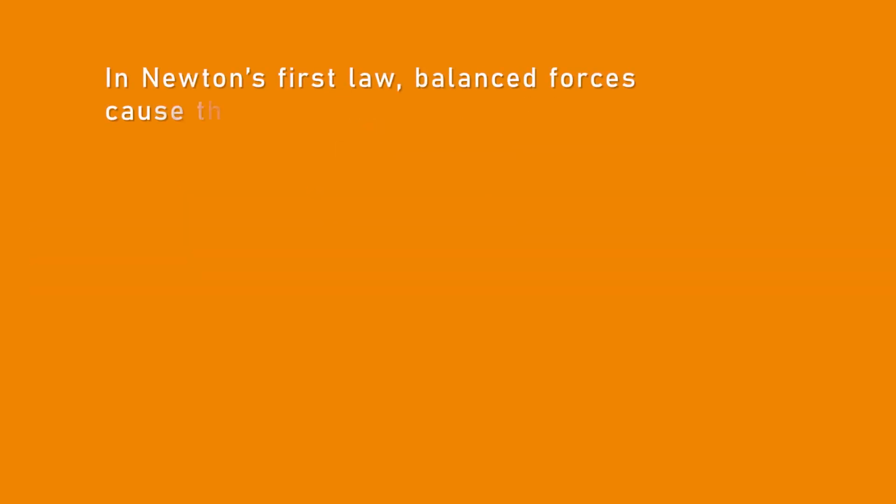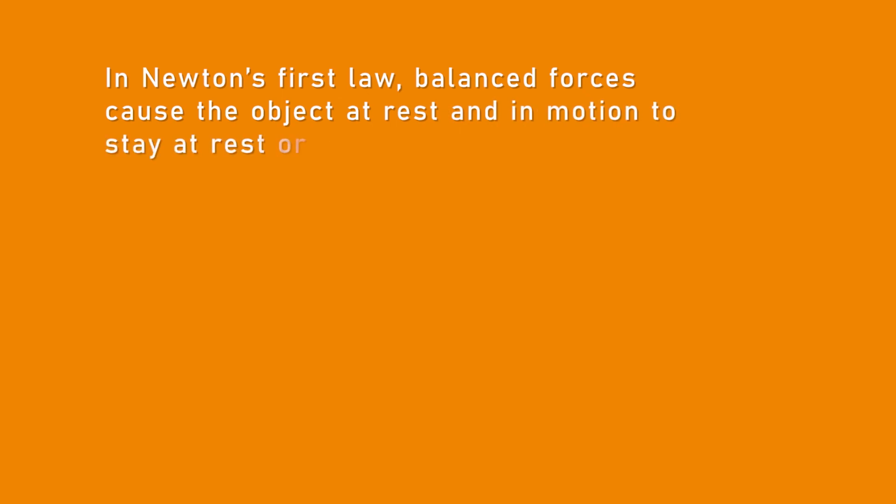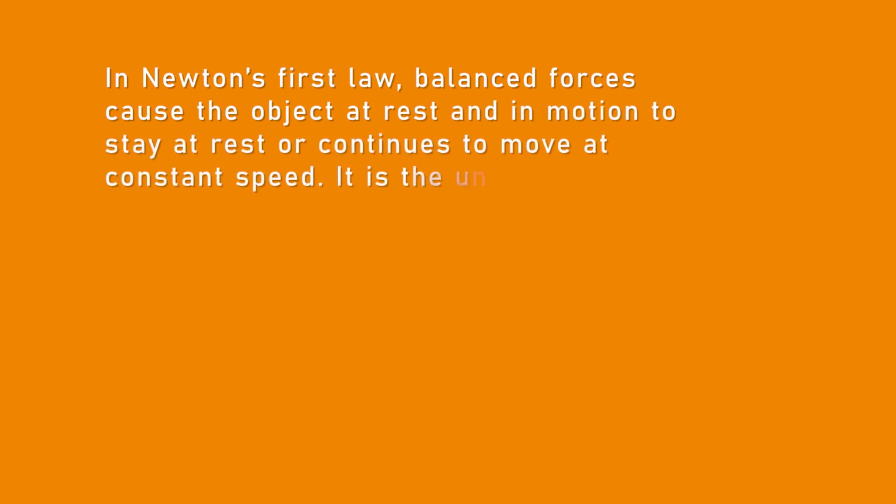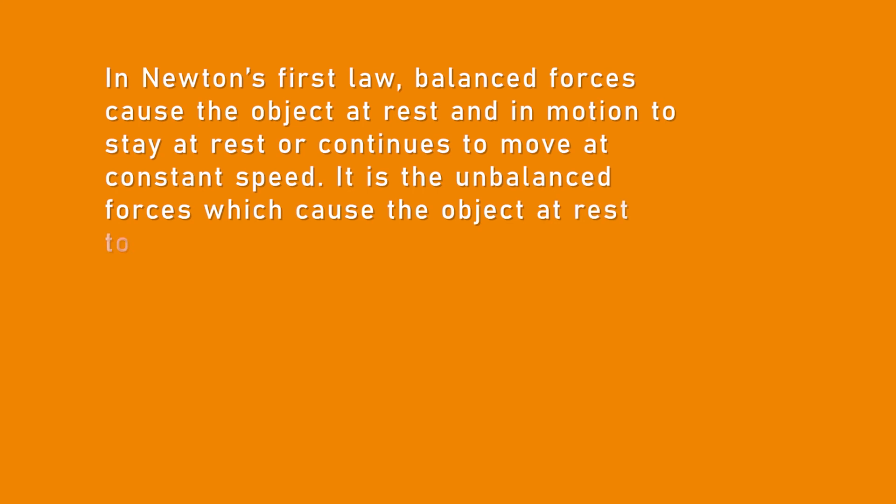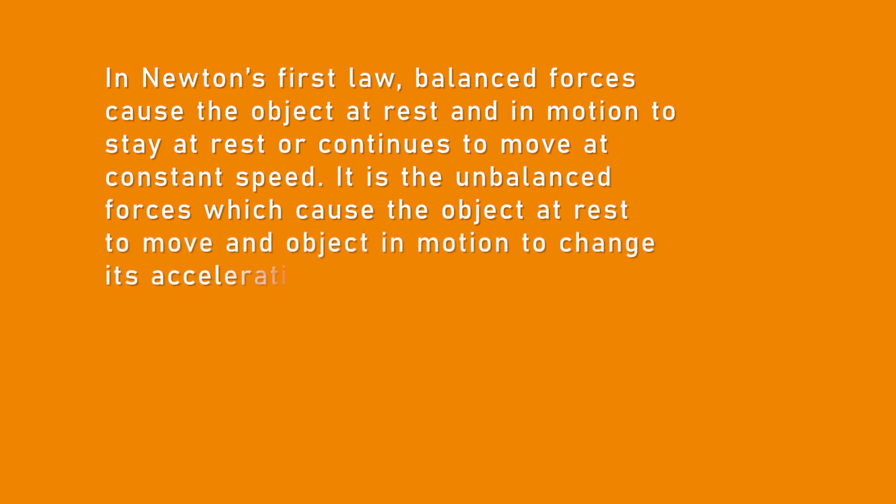Remember this. In Newton's first law, balanced forces cause the object at rest and in motion to stay at rest or continue to move at constant speed. It is the unbalanced forces which cause the object at rest to move, or an object in motion to change its speed and direction.